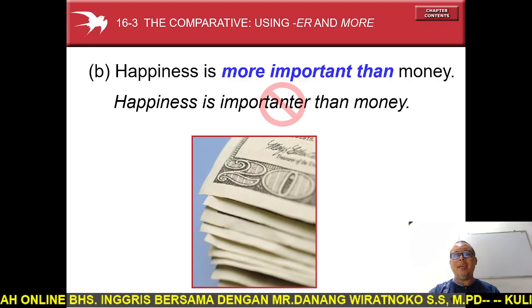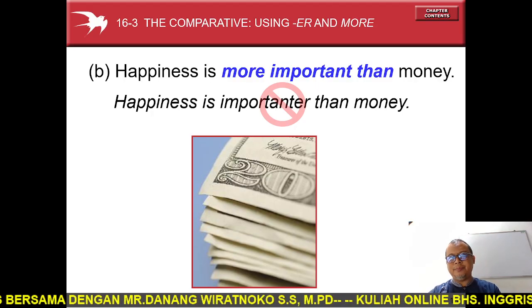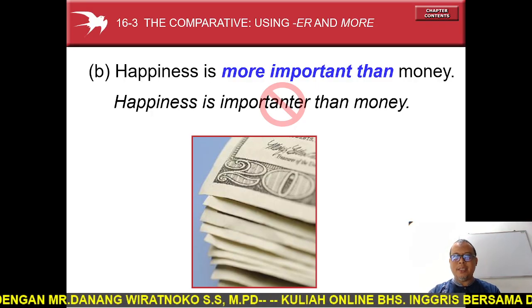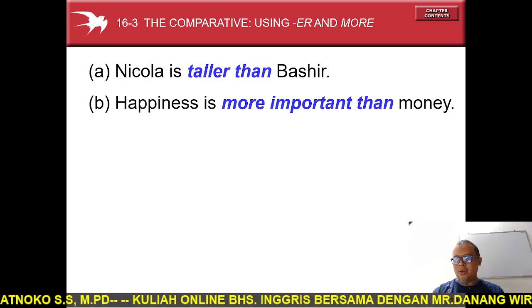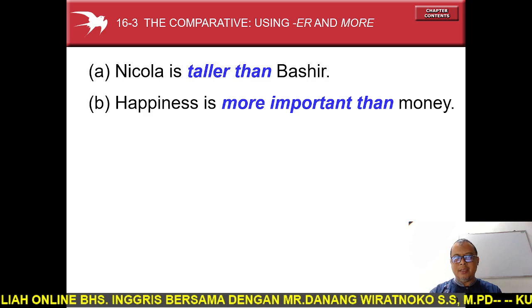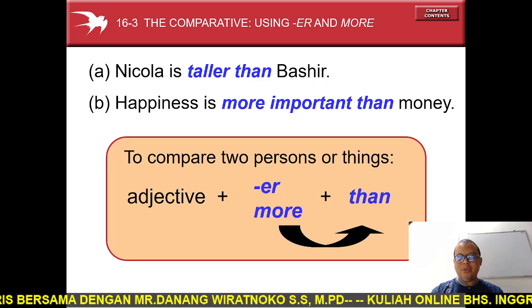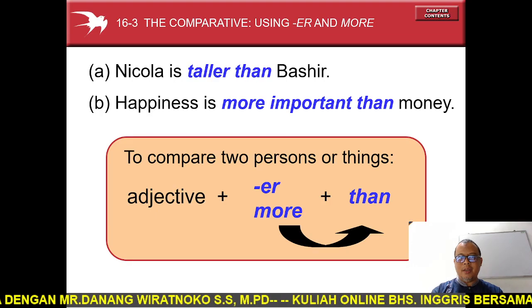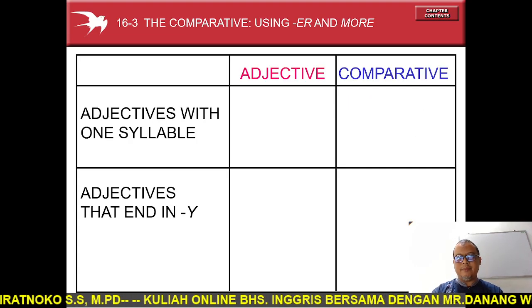No, we have to say more important because there are more than one syllable in the word important. Okay, Nicola is taller than Basir. Happiness is more important than money. To compare two persons or things, adjective plus er or using more with the word than.